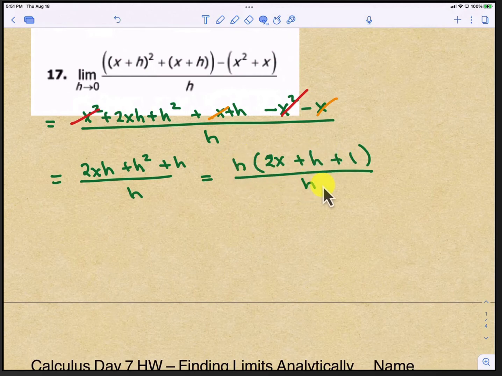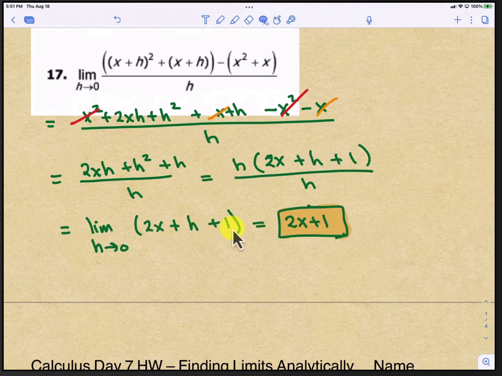This h over the other h will cancel out. So now we have the limit as h approaches 0 of 2x plus h plus 1, and then we can do direct substitution. Replacing h with 0, we get a final limit of 2x plus 1.